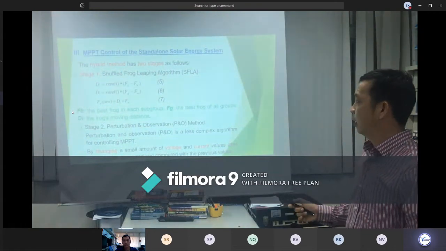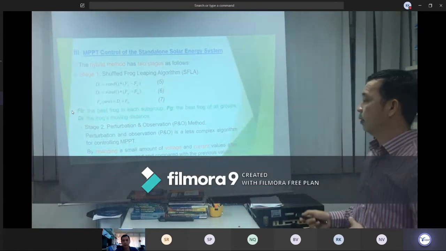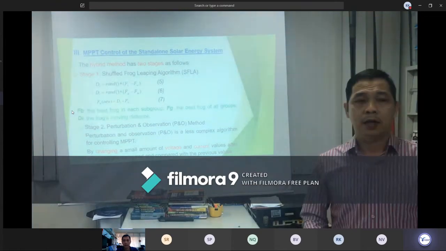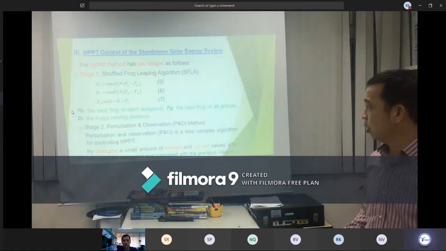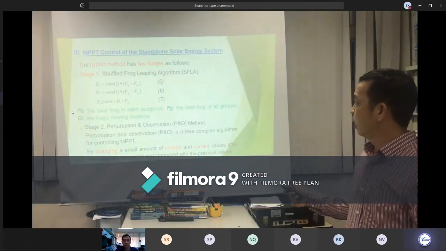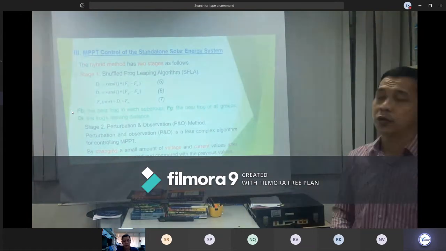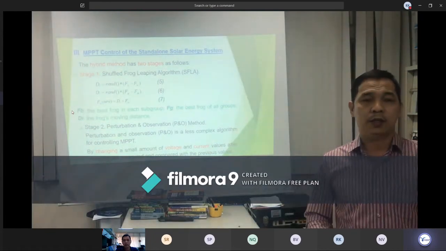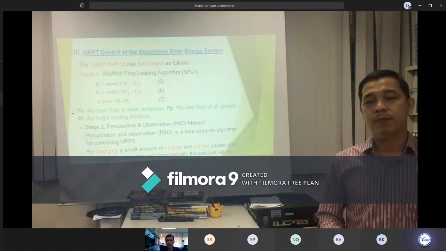Stage 1, SLA, the simulated annealing algorithm. We use equations 5, 6, 7 to update the value. This method is applied to find the local region.